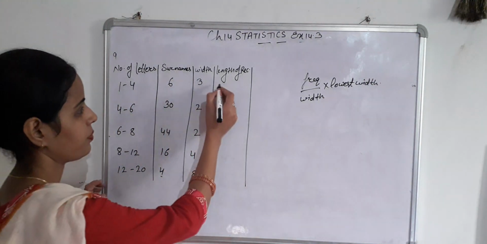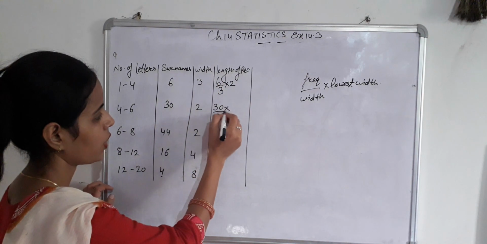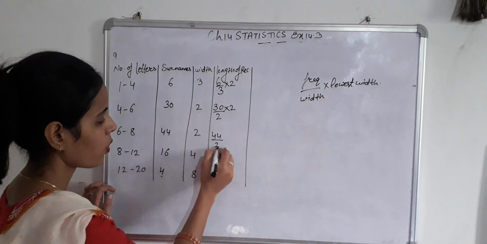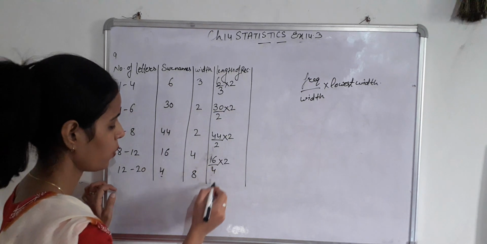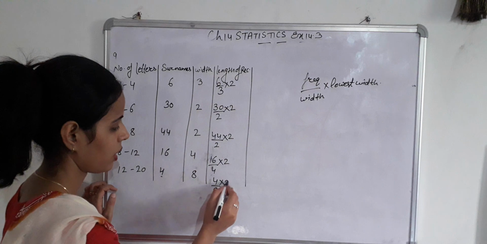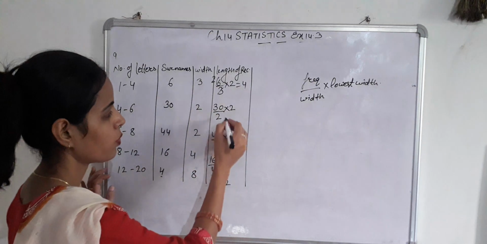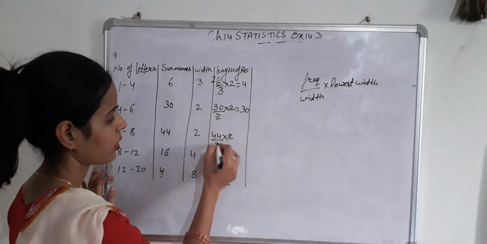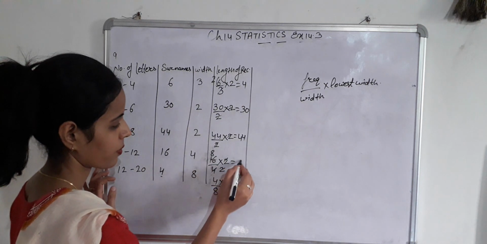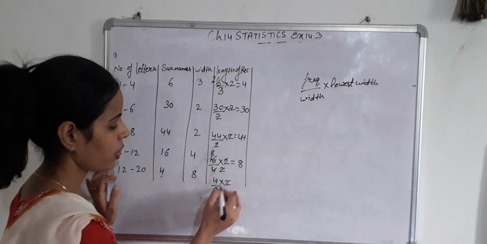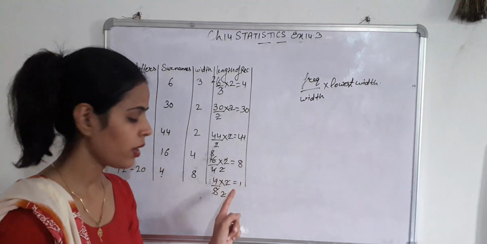So: 6 upon 3 into 2, 30 upon 2 into 2, 44 upon 2 into 2, 16 upon 4 into 2, 4 upon 8 into 2. That gives 4, 30, 44, 8, and for the last, 4 upon 8 into 2 is 1. So the lengths are 4, 30, 44, 8, 1.